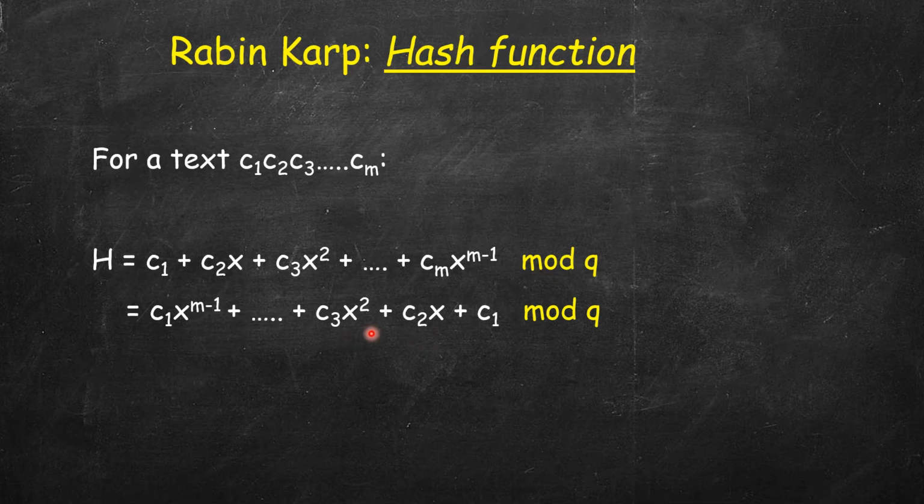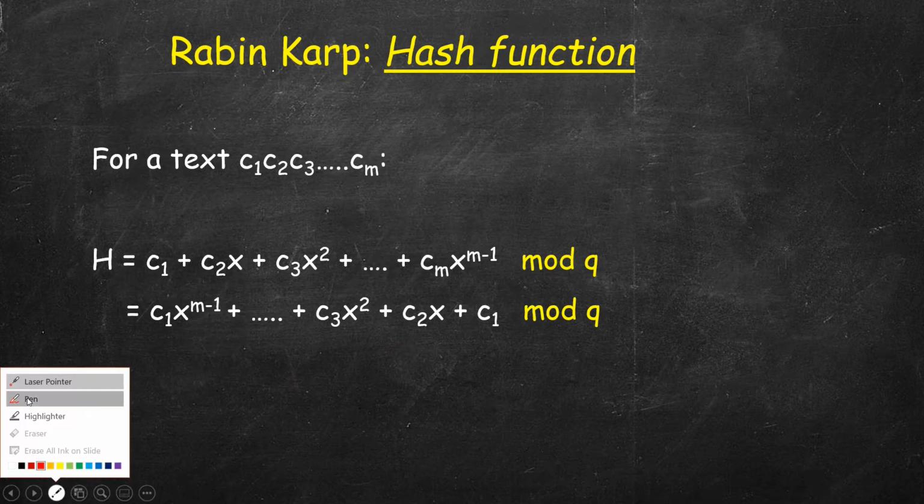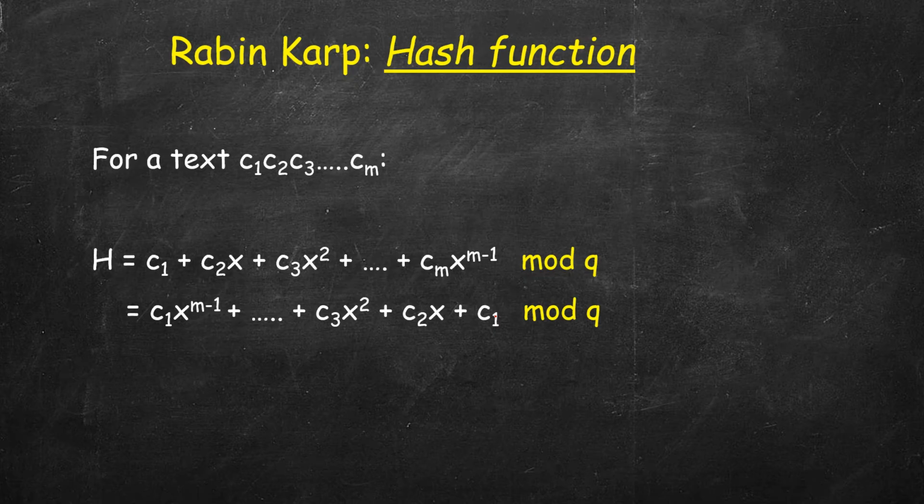Then it should be Cm. So let me correct it. So this is Cm, the last one. This is Cm minus 1. This is Cm minus 2. So let's forget it.